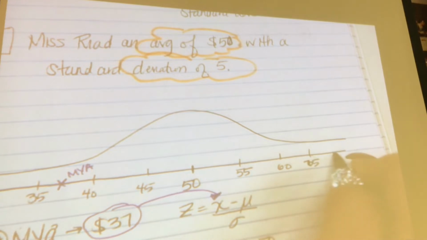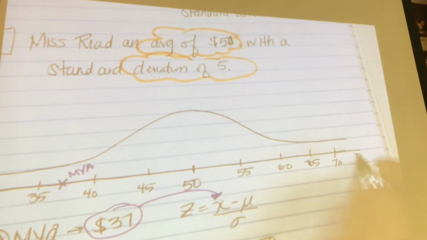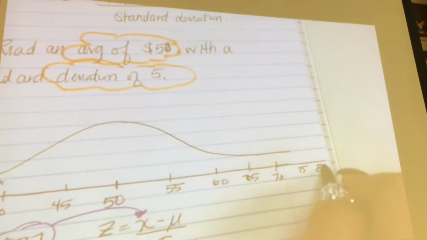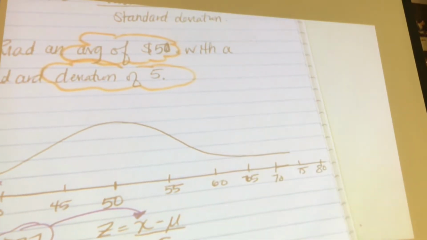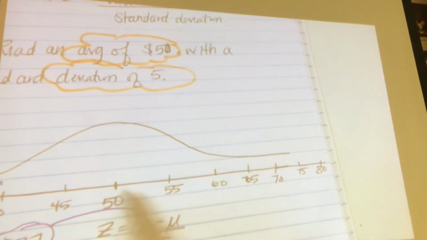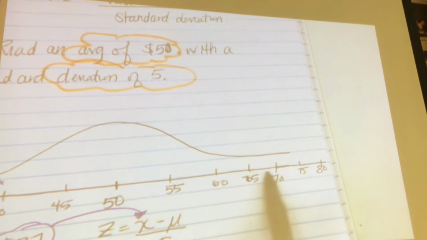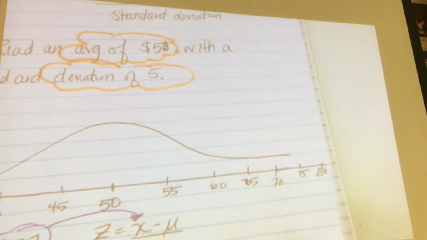In fact, you could probably do it from here. What's the next one? 70. What's the next one? But I didn't give him 80. I gave him 81. So you know it's going to be more than 1, 2, 3, 4, 5, 6. You know it's more than 6.